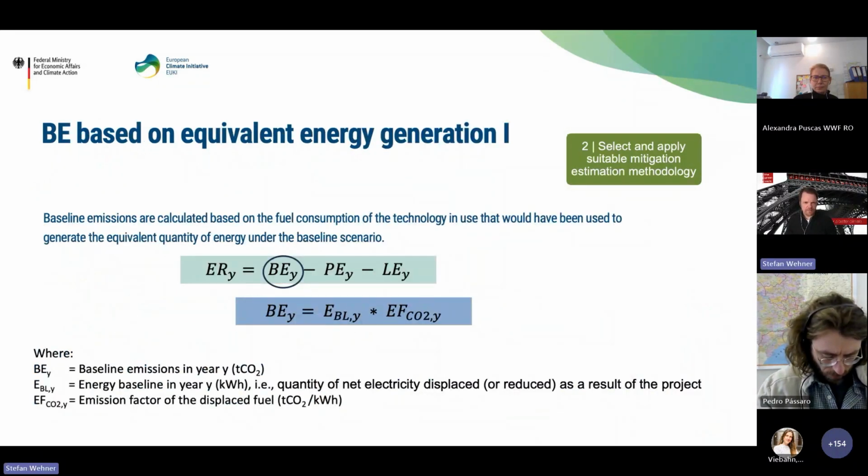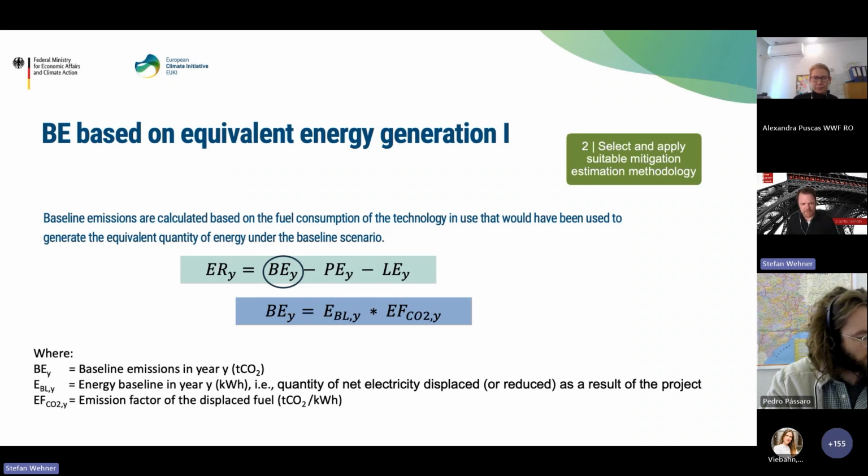To calculate the baseline emissions, we need to know how much electricity we can generate with our PV systems, and give it a CO2 price tag. So that relates to an emission factor related to the displaced fuel or electricity.